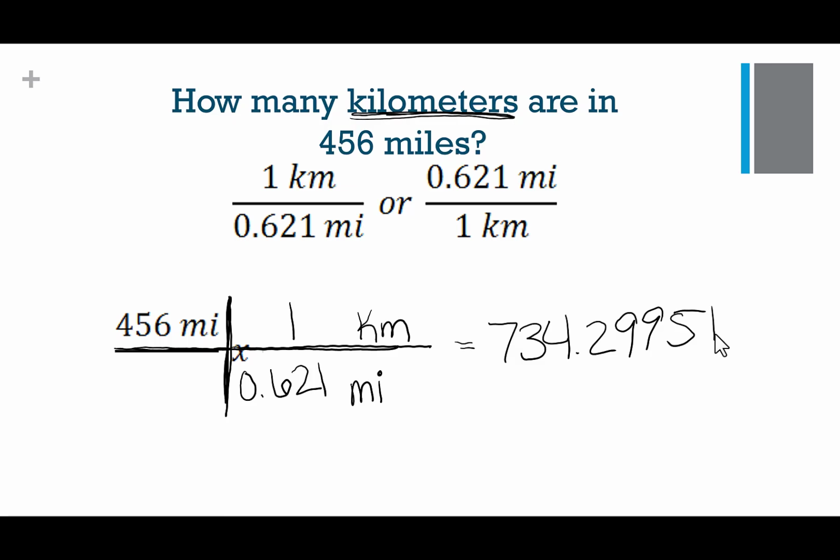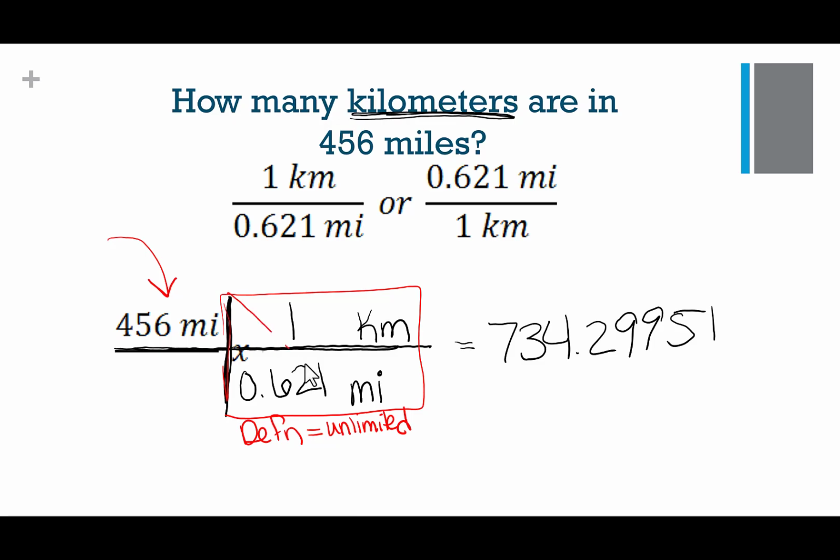We are always going to go to this first box to determine significant figures. Remember, this piece is a definition. It's an equality, so it has unlimited significant figures. We are not going to be limited by the conversion factor step.